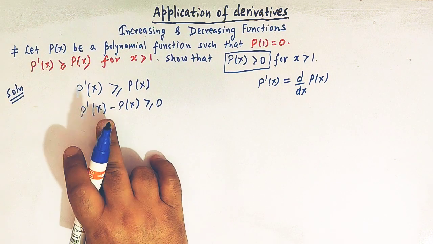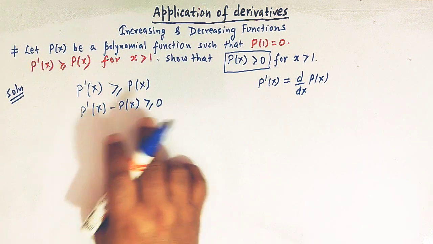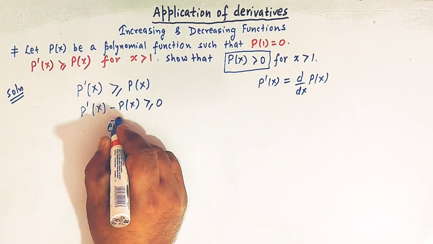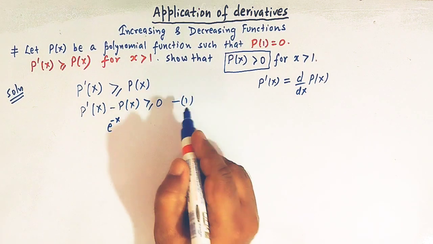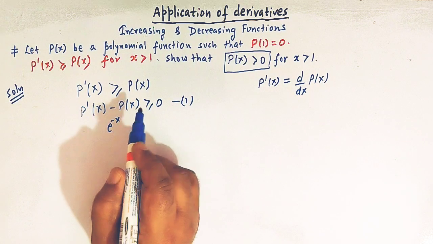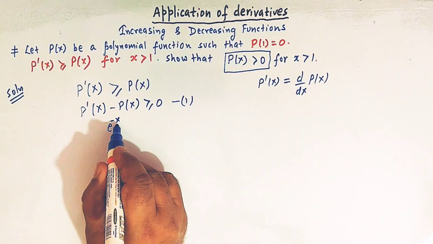Now here what we will do, we'll multiply both sides by e raised to minus x. So the important thing is that in inequality number 1, we'll multiply both sides by this factor, that is e raised to minus x.